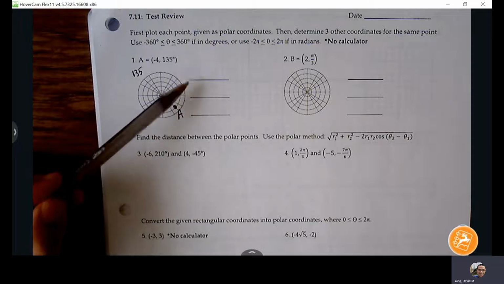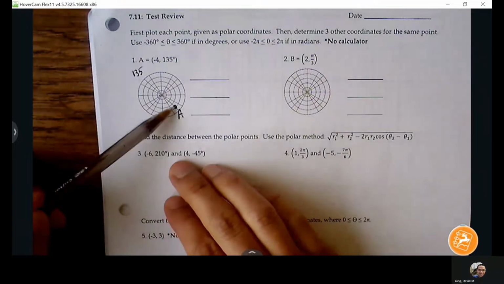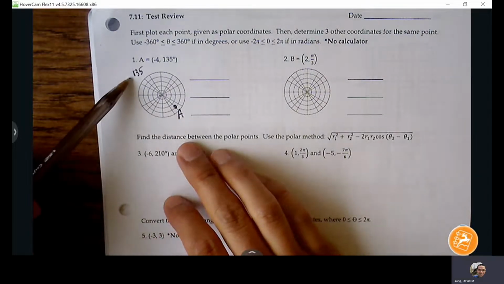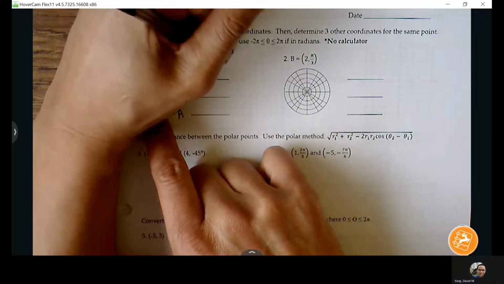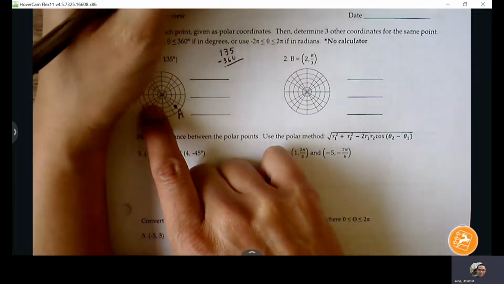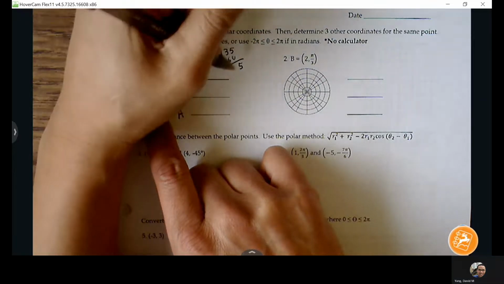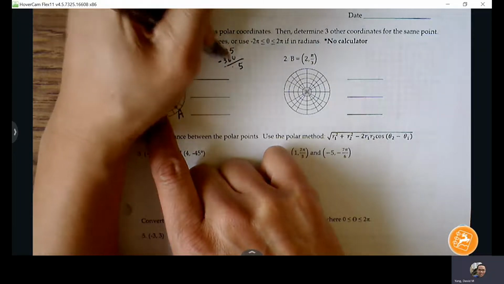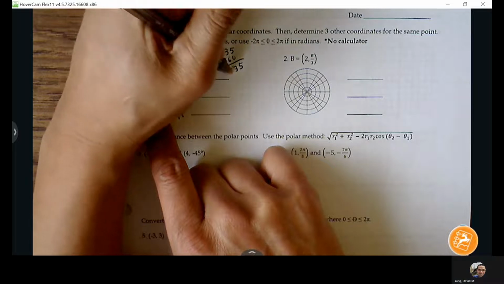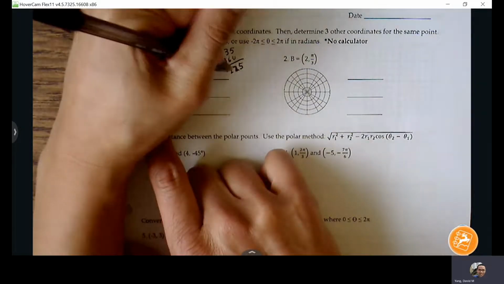Okay, we need to create 3 other polar coordinates that gets us to point A. So one way that we can do it is we can find a negative version of 135. So if we do 135 minus 360, oh, sorry, this is negative 225.